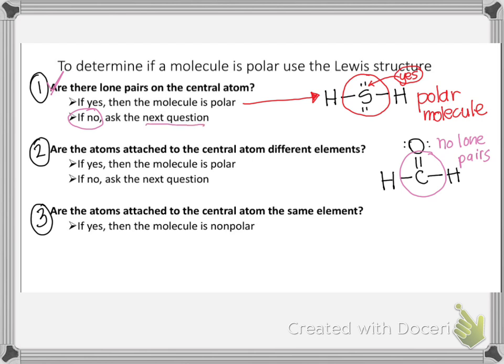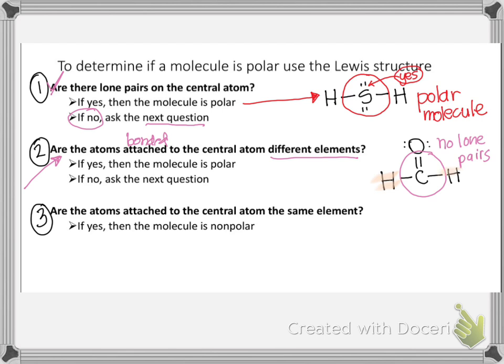And so the next question is, are the atoms attached, or bonded, to the central atom different elements? And I always have to clarify this, not different from the center atom, but different from each other. Okay, so then what we do is we look at the elements.